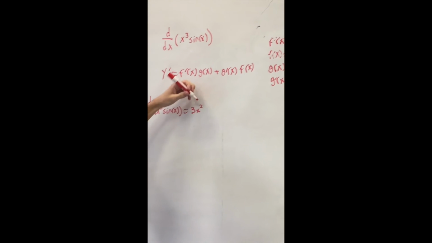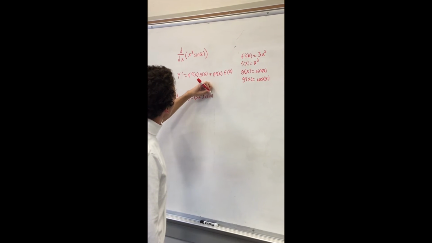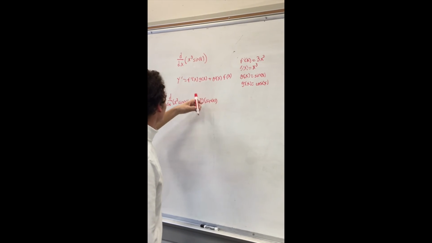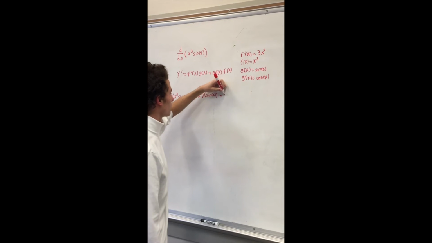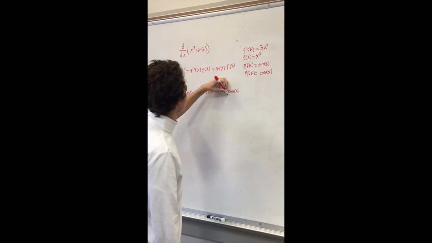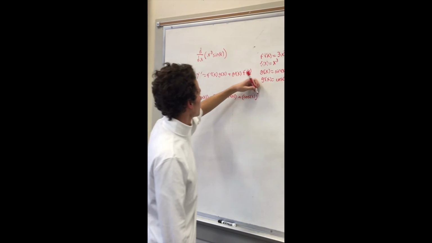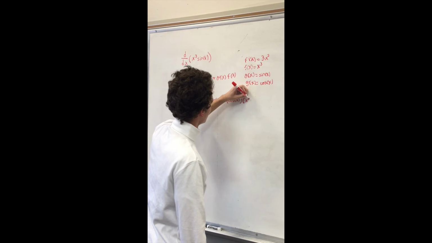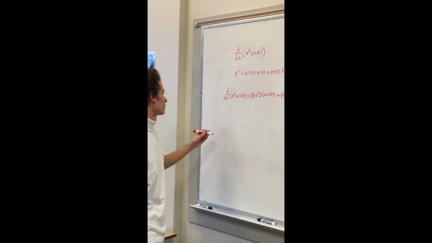Multiply that by g of x, which is sine of x. And then we're going to add on the second part of the equation, starting with g prime of x, which is cosine of x. And lastly, the normal f of x, which is x cubed. So now we have our derivative, we just have to solve it.